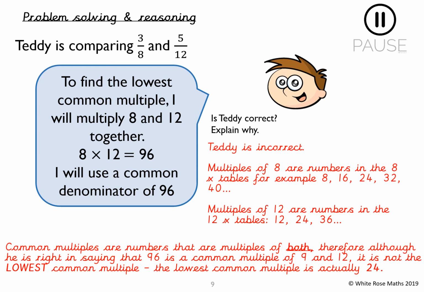It's the first number that appears in both of them. So the lowest common multiple of 8 and 12 is 24, because 8 times 3 is 24 and 12 times 2 is 24. If it had just said find a common multiple, 96 would have been fine, but because it said find the lowest common multiple, it had to be 24, so he is incorrect.